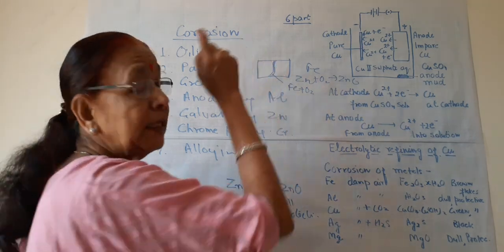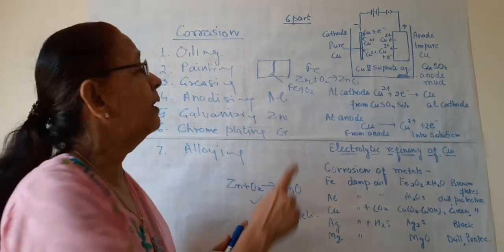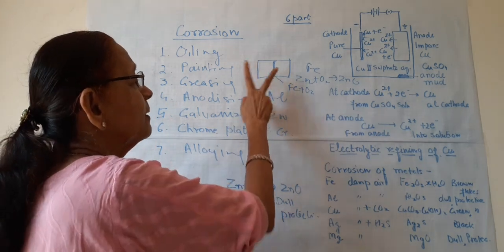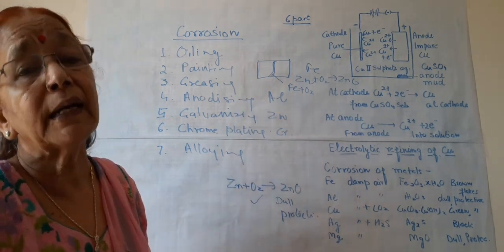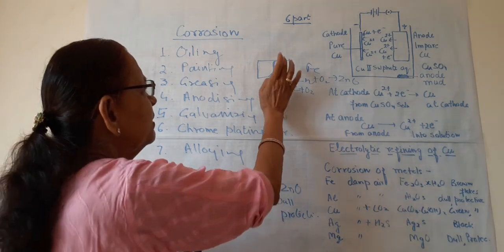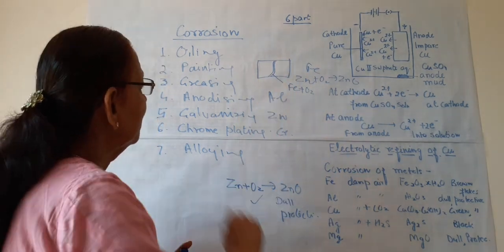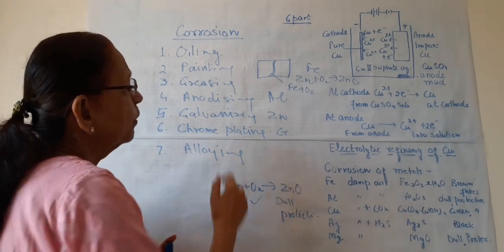So no further deterioration of the iron plate is done, even if after galvanizing there develops a crack. Sometimes it is asked in exams also. So this is how galvanizing with zinc is done. Then chrome plating.